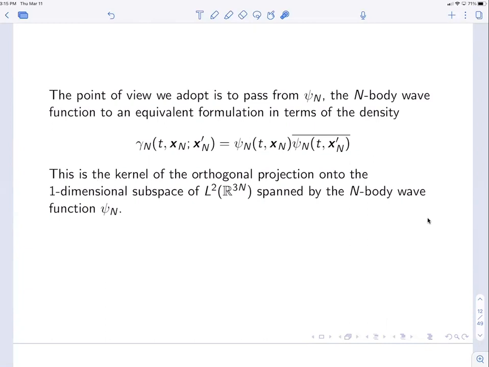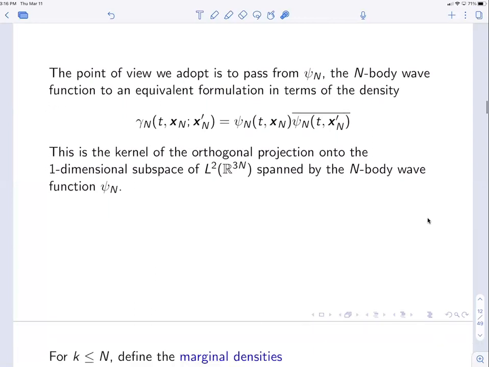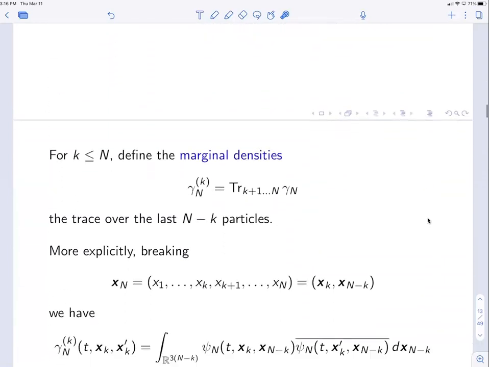And this is the kernel of the orthogonal projection onto the one-dimensional subspace of L2 spanned by the N-body wave function psi_N. Recall that it's been normalized. So that's why it's a density, because it's a kernel of a projection operator.